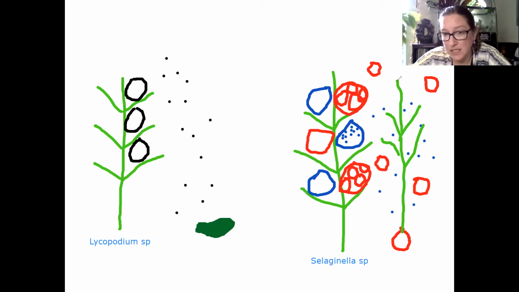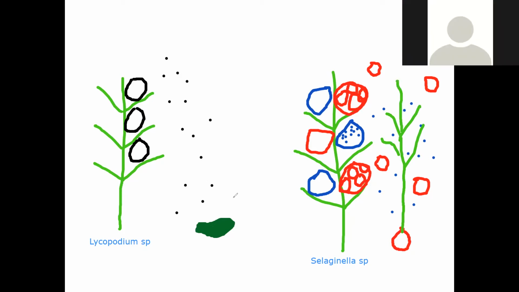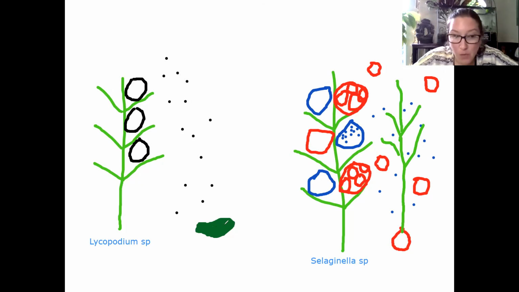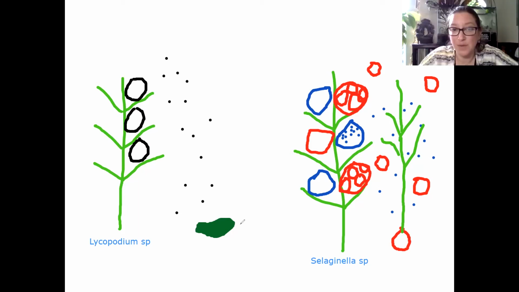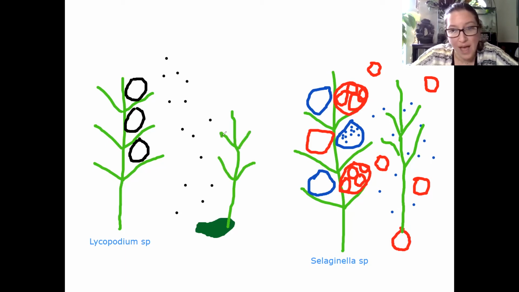Does that make sense? That is so clear. I don't know why this wasn't clicking for me. No, it's okay. And likewise on the left here, on the Lycopodium gametophyte plant, that's the darker green. Remember that grows outside of the spore wall, that has male and female sex organs on it. And if the egg and sperm come together, you'll eventually have your Lycopodium sporophyte plant emerge from that.